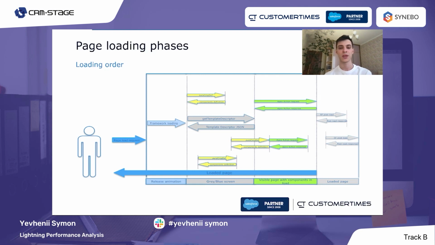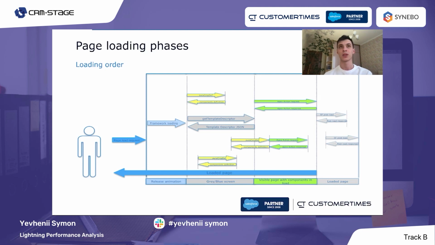Also, during this phase, the system starts getting the definitions of the separate components using Aura component dev, CMP dev requests. So when we get the response from the getTemplateDescriptor, our page will start loading.